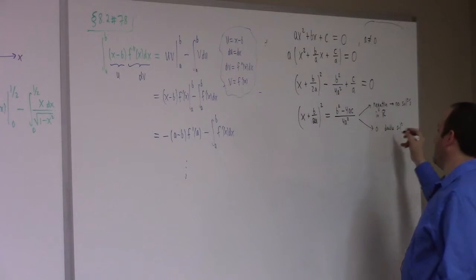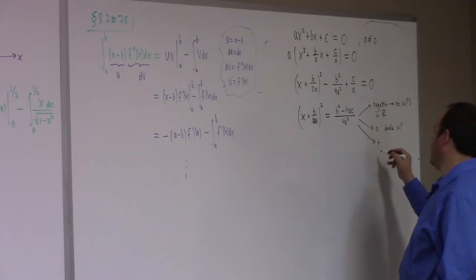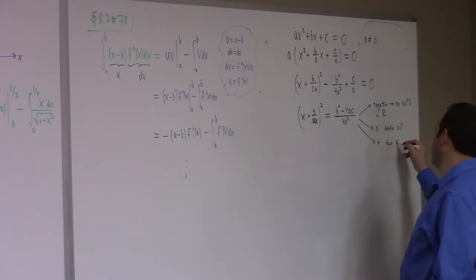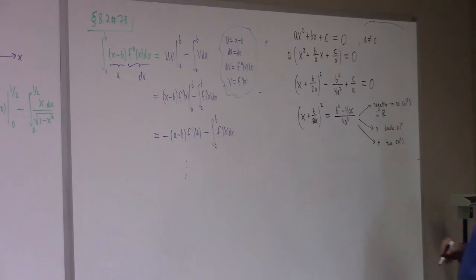We get the same solution twice. And if it's positive, we get 2 solutions. Right? Because if you have a real number squared, it can't be negative. It could be 0. It could be positive. But it can't be negative. If it's negative, that corresponds to the case that there are no real solutions, right?